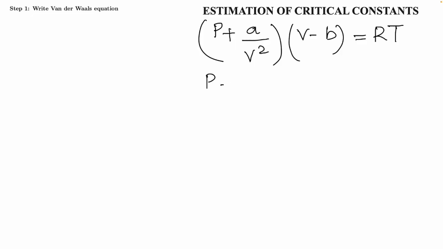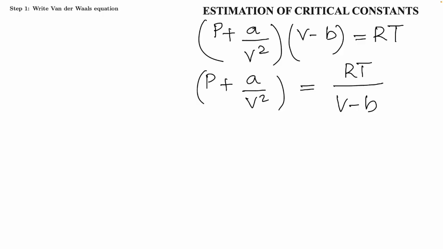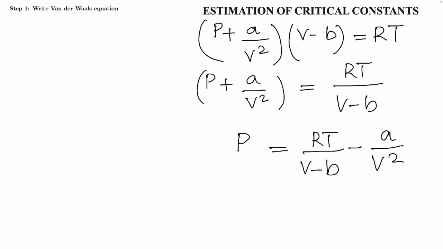P plus a by V square is equal to RT by V minus b. If we take a by V square to the other side, we have P is equal to RT by V minus b, minus a by V square.